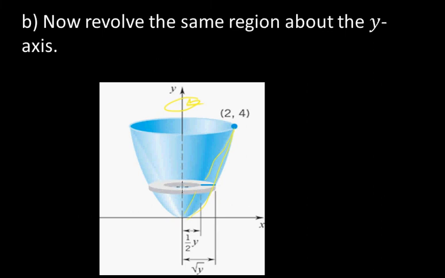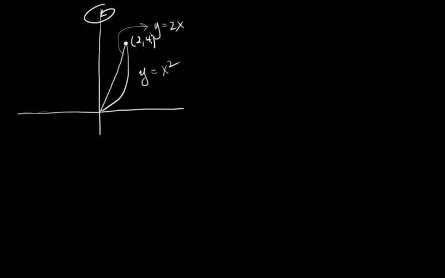So we'll need to know the big radius, x on the parabola, and the little radius, x on the line. So we're going to need to solve for those in terms of y, because we'll integrate from y equals 0 to y equals 4. And you see the cross-section there is an annulus. So let's do it on the next slide where we can't see the nice-looking picture.